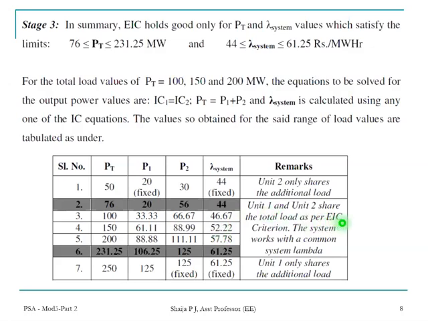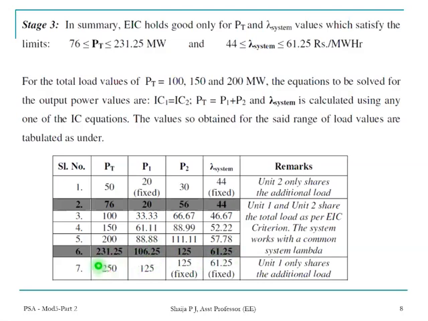So unit 1 and unit 2 share a total load as per the EIC criterion, meaning IC1 is equal to IC2. That's the EIC criterion. The system works with a common system lambda, meaning lambda 1 and lambda 2 will be the same as the system lambda. And it goes up to P2 max of 125, where P1 was 106.